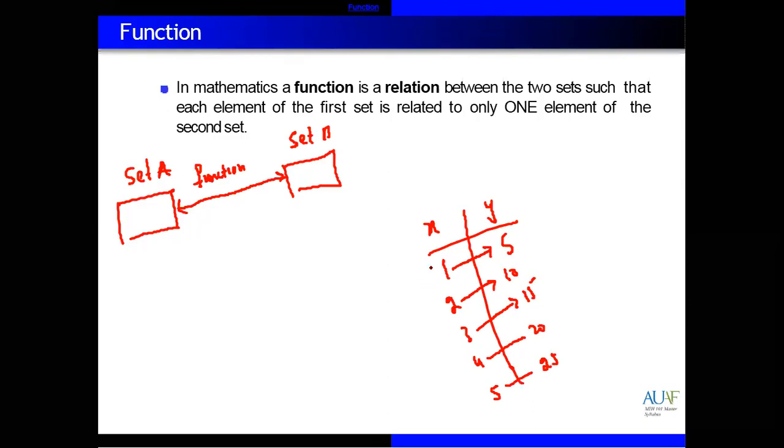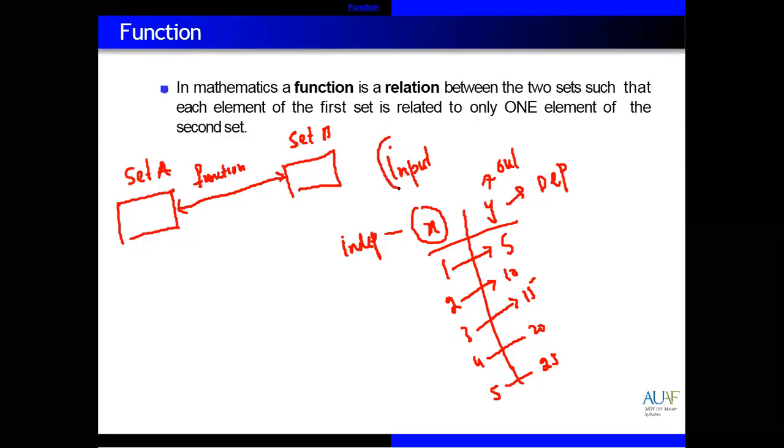These X values are input values. Y values are output values. Y is called the dependent variable, X is called the independent variable.